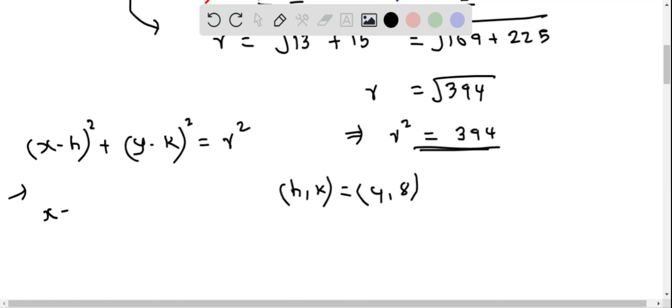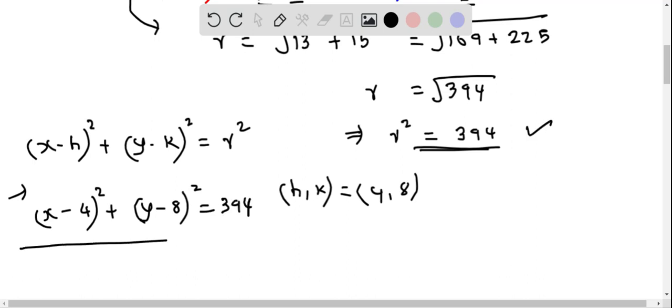So when I do that, I'll be getting (x - 4)² + (y - 8)² equal to r², which we have already evaluated, which is 394. So this is the standard form of the circle equation, which has its center at (4, 8) and passes through the given point.